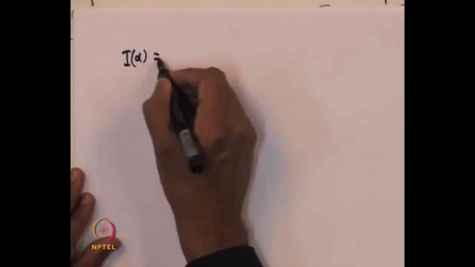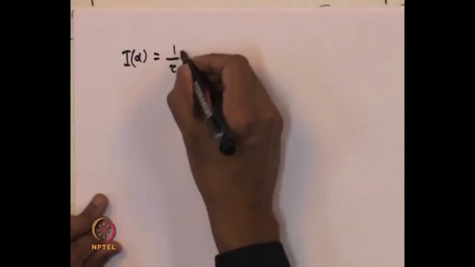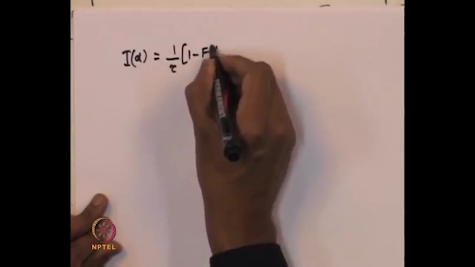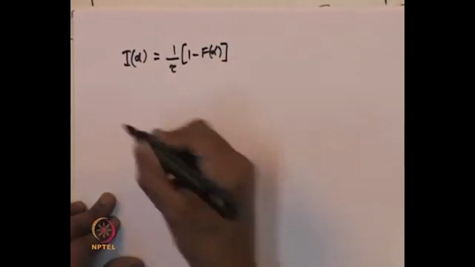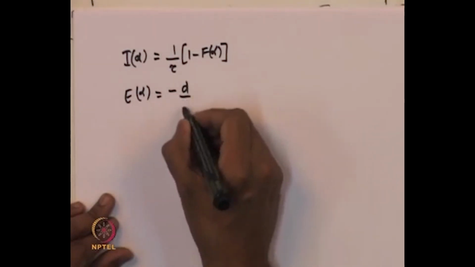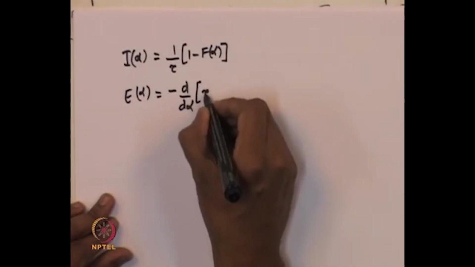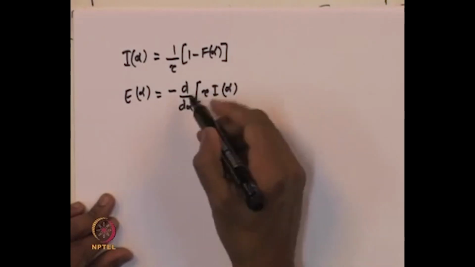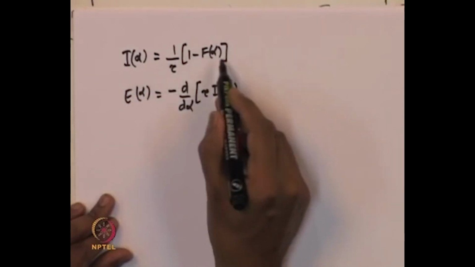So, I alpha, the internal age distribution, is essentially given by 1 by tau into 1 minus F of alpha, and E of alpha, as we know, is given by minus d by d alpha of tau into I alpha, because of the connection between the E curve and the F curve.